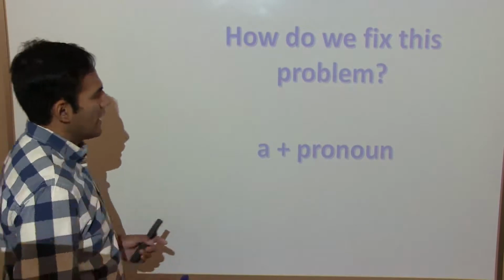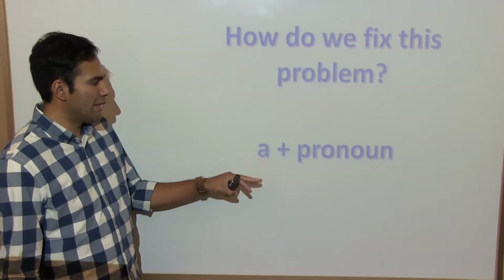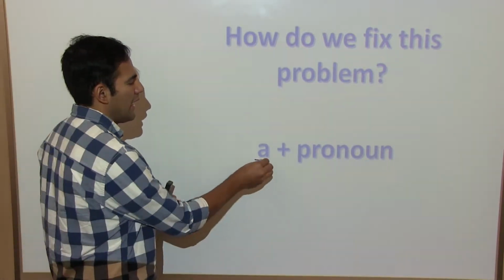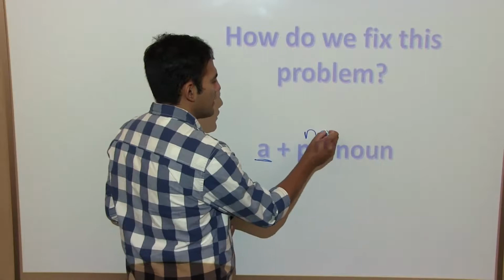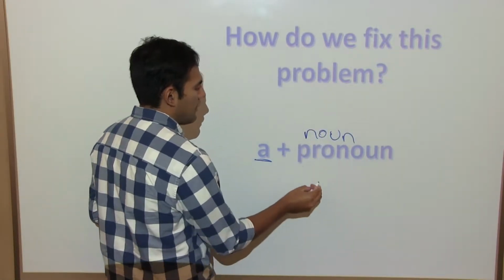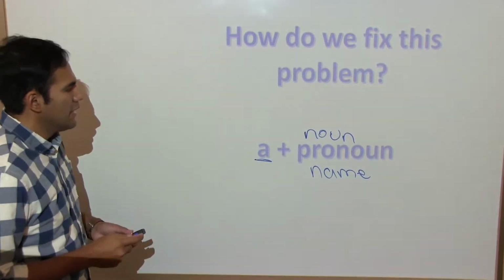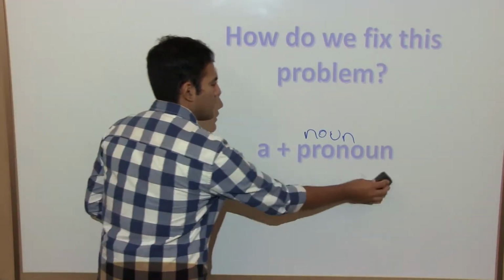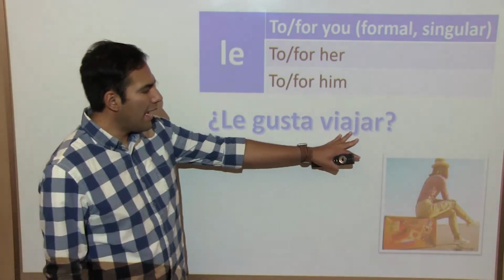Okay, but here's how do we fix this problem? The simple answer is by adding a preposition a and the pronoun or also a noun or a name before. So this is how it's going to look. Le gusta viajar.